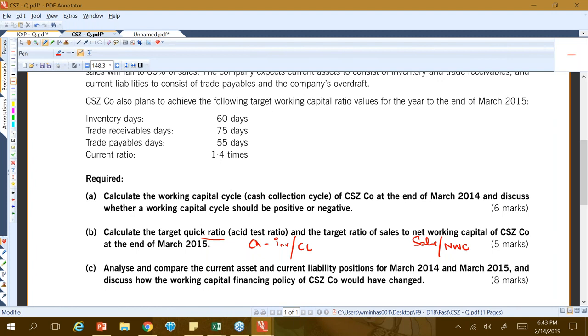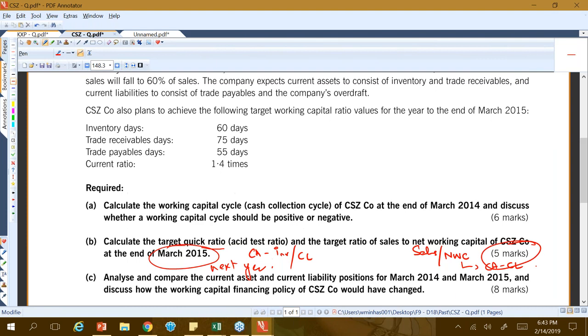And we already know how to compute the working capital, which is current assets minus current liabilities. So what are the sales generated by the working capital employed of CSE at the end of March 2015, which is the next year? So that's what we need to do for 5 marks here. We need to find the 2 ratios for the next year in this requirement.